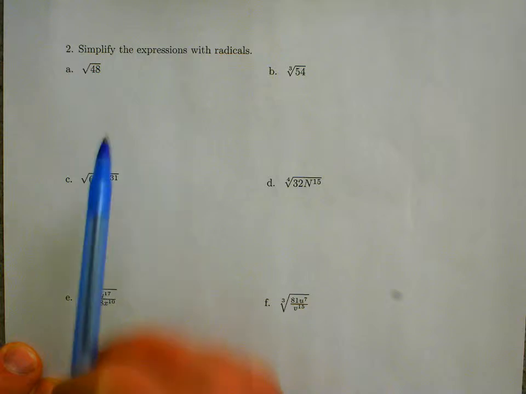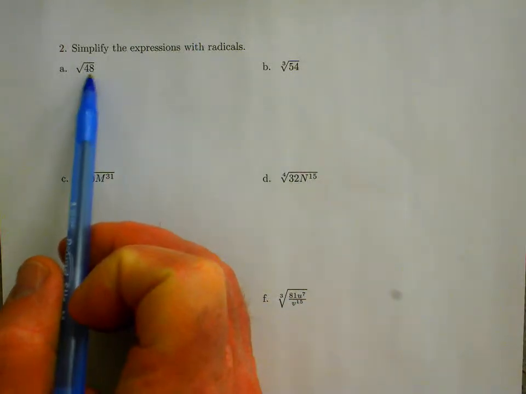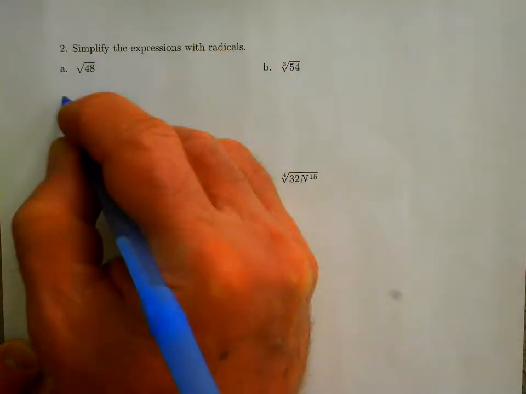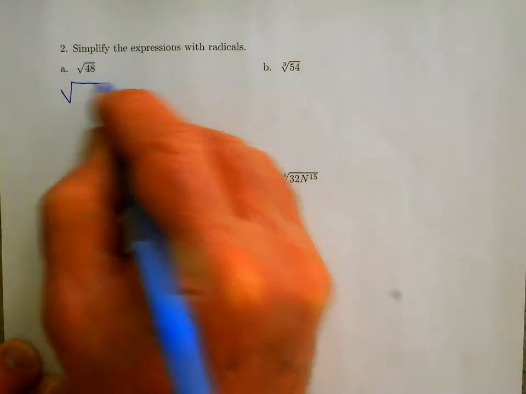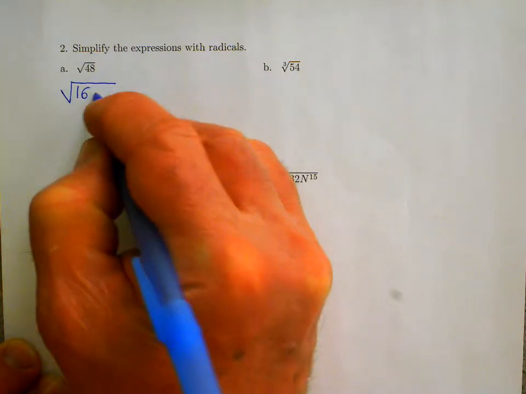So a hint is that it's smaller than 36. Okay, I got an answer, 16. 16 times 3 is 48. 16 is a perfect square. So the square root of 48 can be written as the square root of 16 times 3.